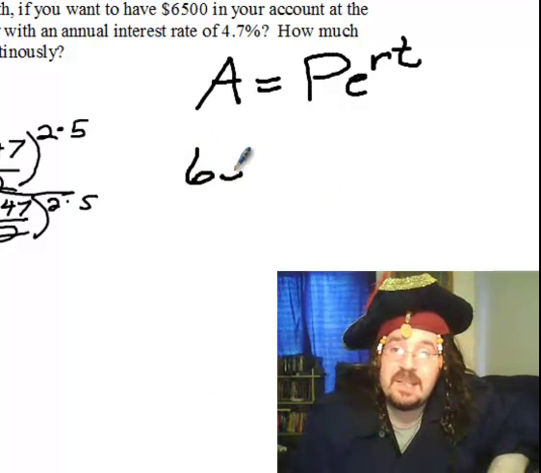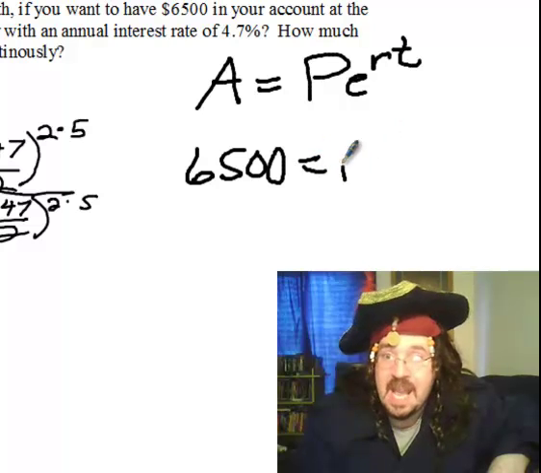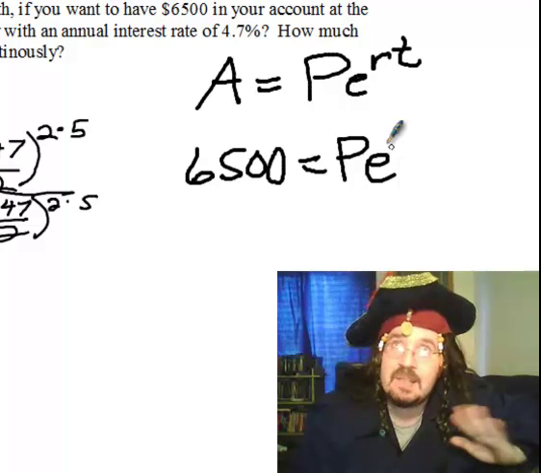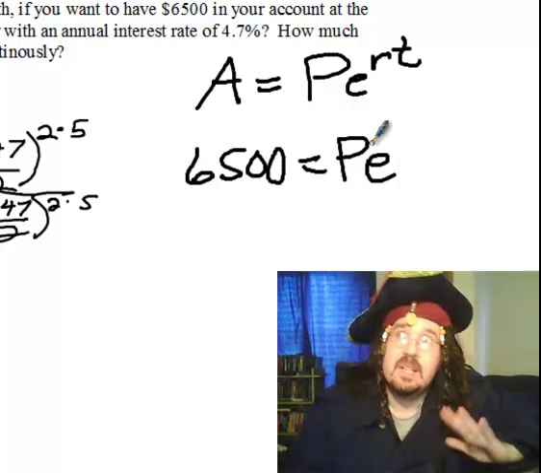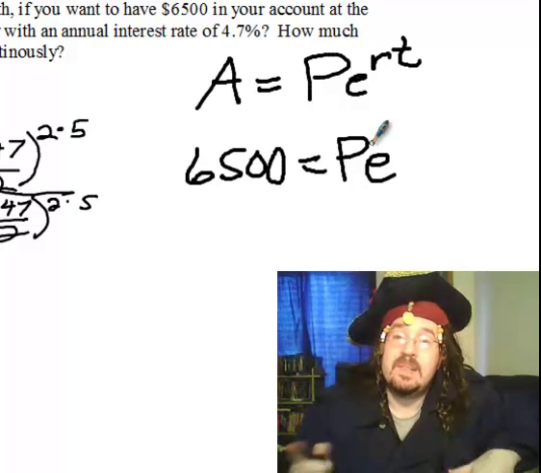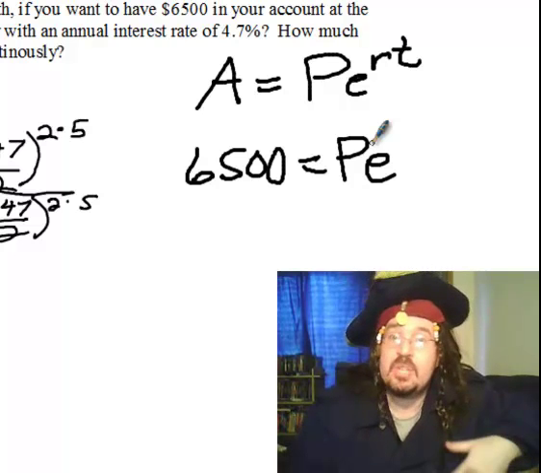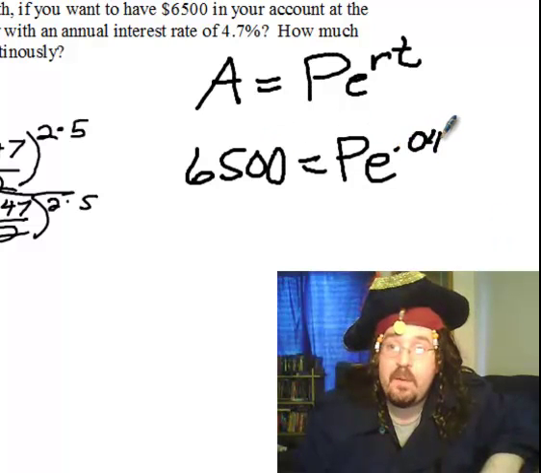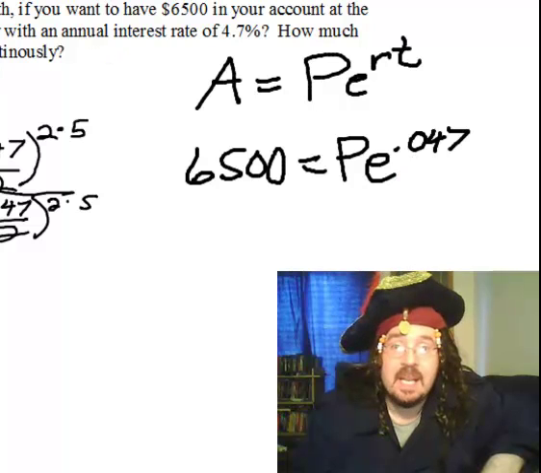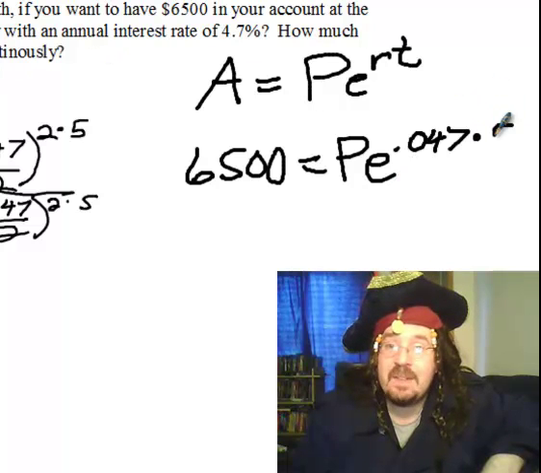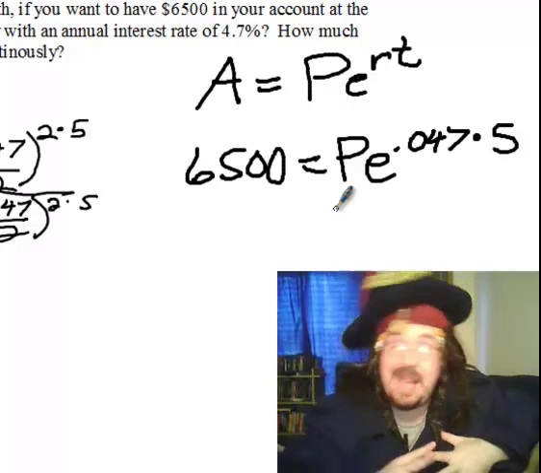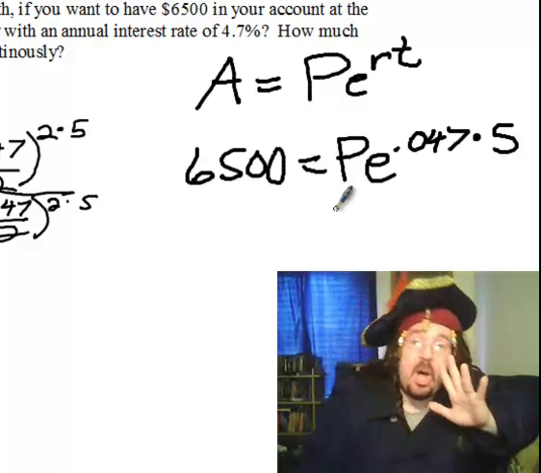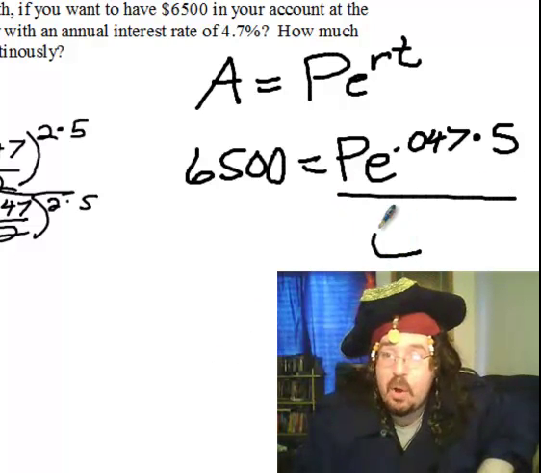So again, A is 6,500, my ending amount, and I don't know P, and e is a number which must be raised to the number r, which is 0.047, and then t is 5 again. Notice that we don't use the 2 this time, love, because 2 is when you compound semi-annually. Alright, so now I'm going to divide again and solve for P.